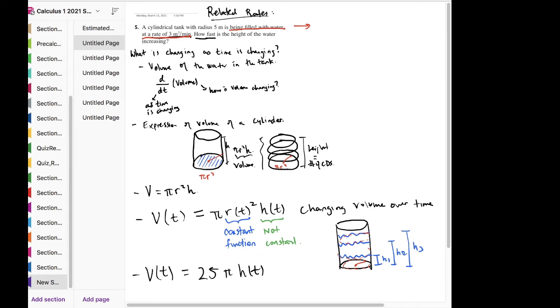What does that mean? We don't necessarily know that. Is h changing? I mean, it is, but literally, what does it mean? It's being filled with water at a rate of, what does 3 meters cubed per minute mean? How is it changing? It's not directly saying how the height is changing, but what is changing.